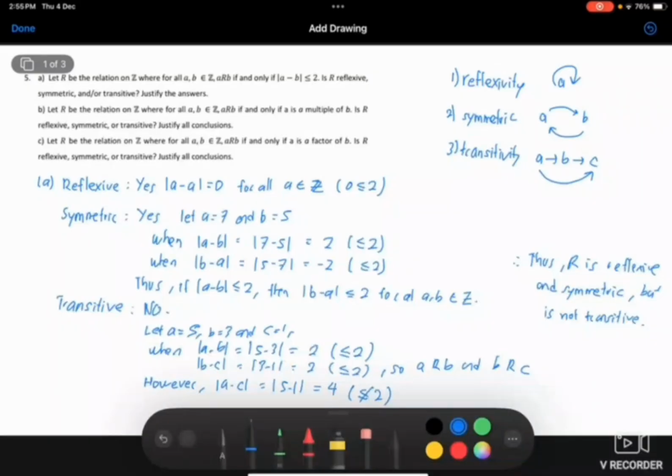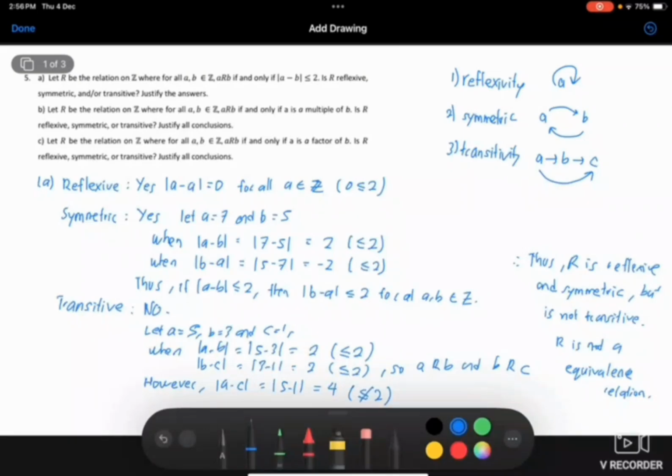Since it does not satisfy all three definitions, which are reflexivity, symmetry, and transitivity, we can state that relation R is not an equivalence relation. And that's the solution for our question 5A.